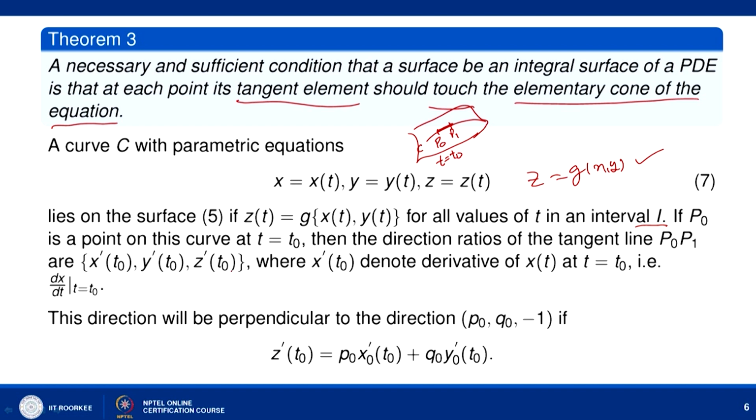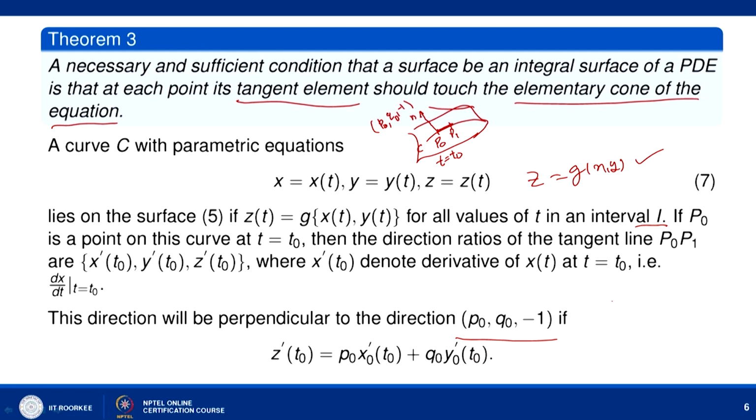Now, we say that if this tangent line is perpendicular to the normal vector at this particular point, say you have a normal vector n given as p naught, q naught and minus 1, then we have the following relation, that is z dash t naught equal to p naught x dash t naught plus q naught y dash t naught.